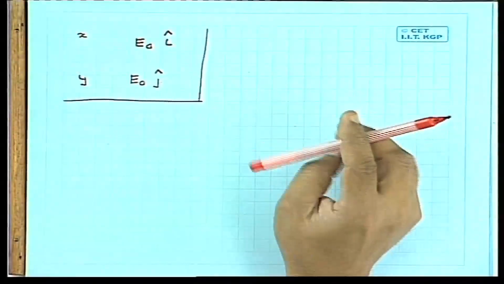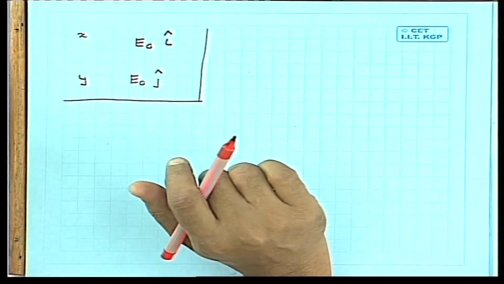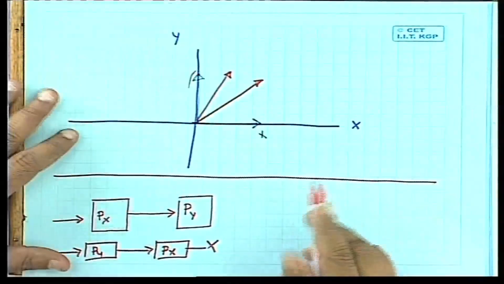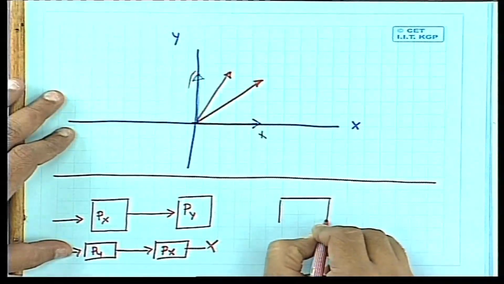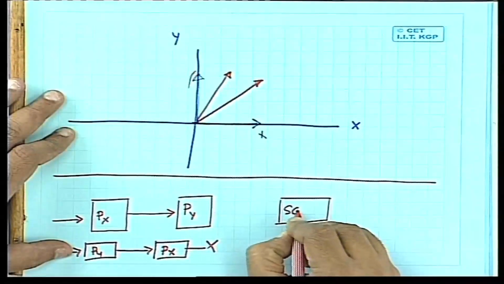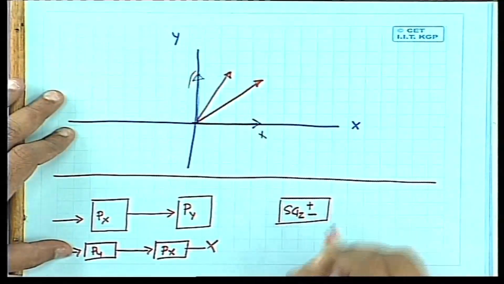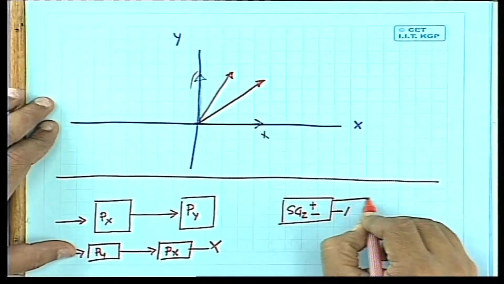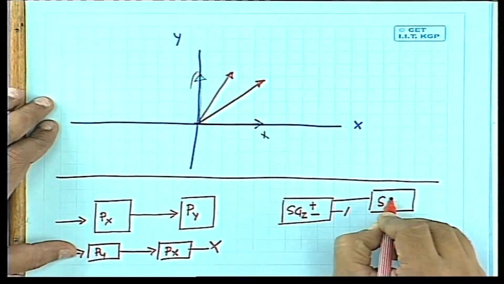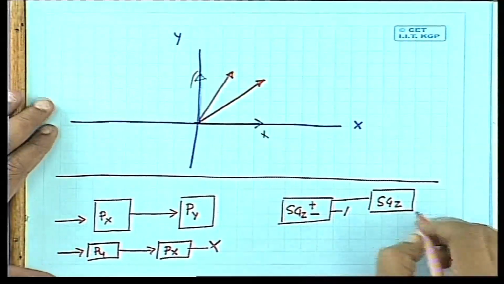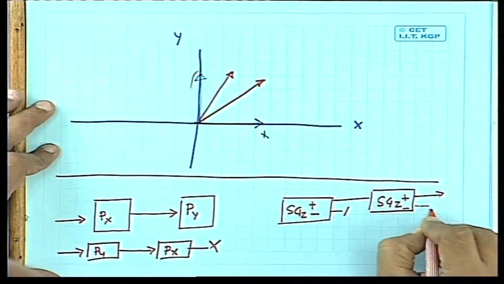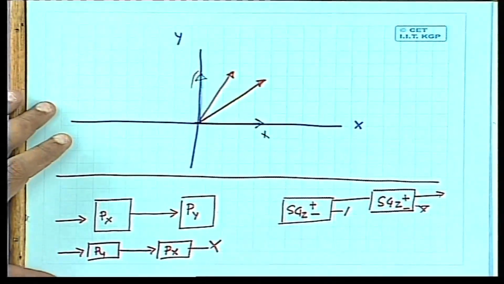The analogous situation for the Stern-Gerlach experiment: let us say I get Stern-Gerlach Z and I block out the particles with spin down and I send this through another Stern-Gerlach apparatus. I will find that only this comes out, and nothing comes out over here.